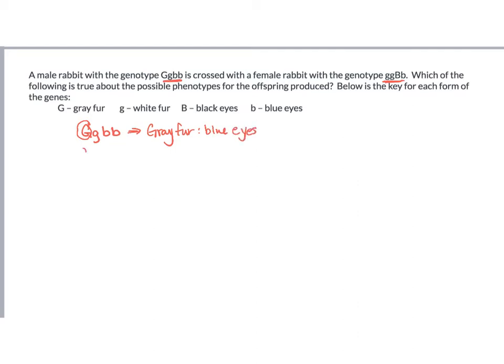And then we have little g, and capital B, little b. And so this one's going to show the recessive trait since we have homozygous recessive. And so if we look up here, that means it's going to have white fur and black eyes, right? Because there's a dominant allele there.